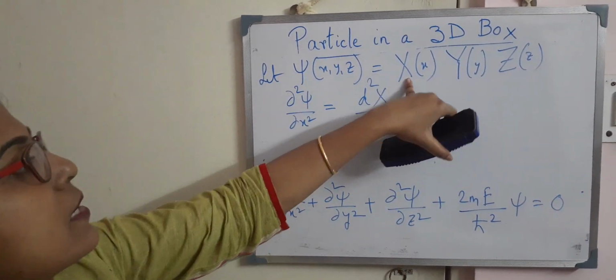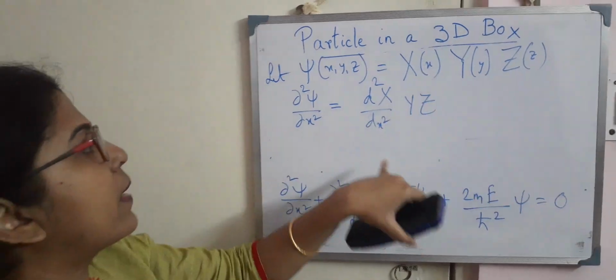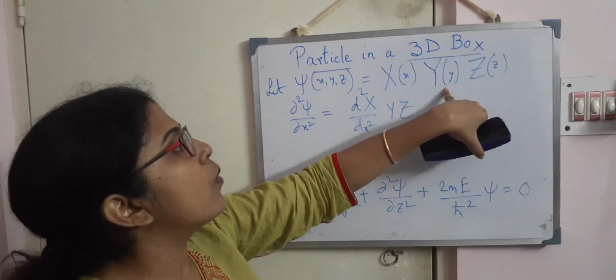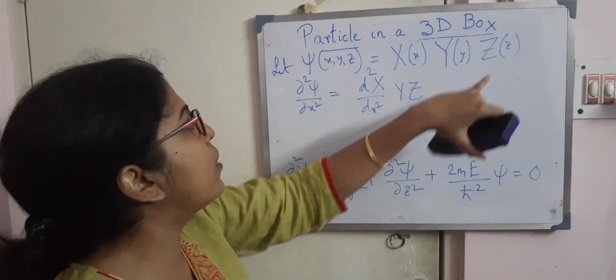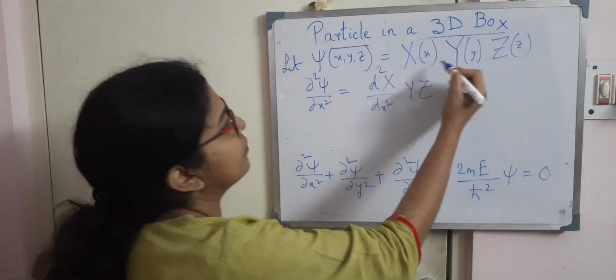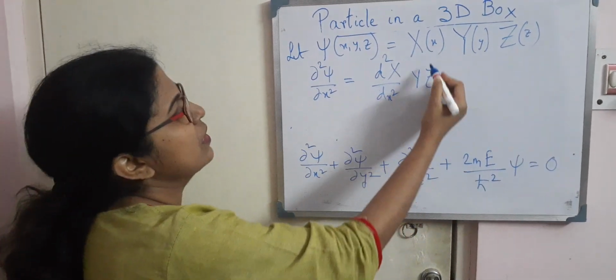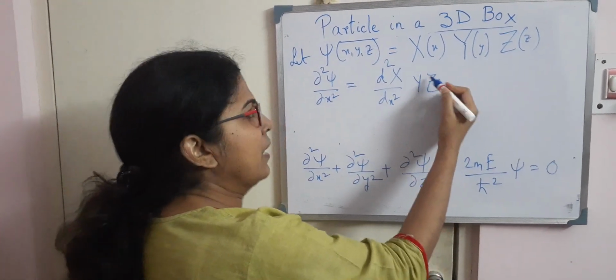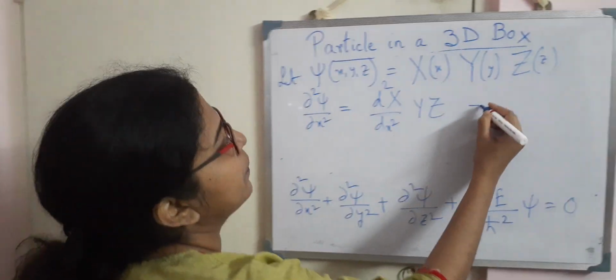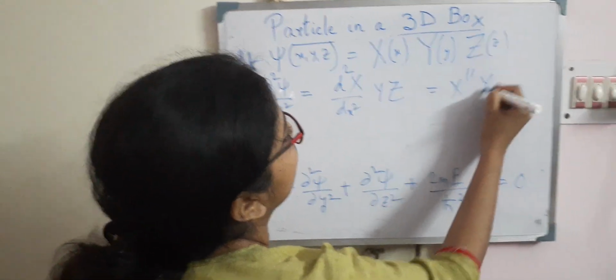But capital X is solely dependent on small x, so I write it as a total derivative. And Y and Z are functions of small y and small z, so they will not contribute anything when I differentiate with respect to x. So these remain unchanged into d2X dx square. This can be written as X double prime YZ.